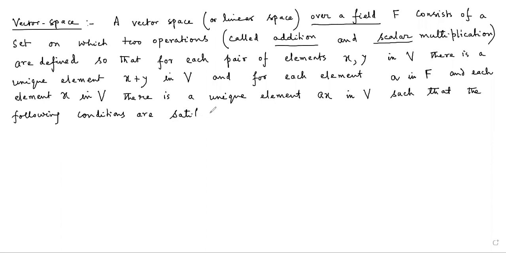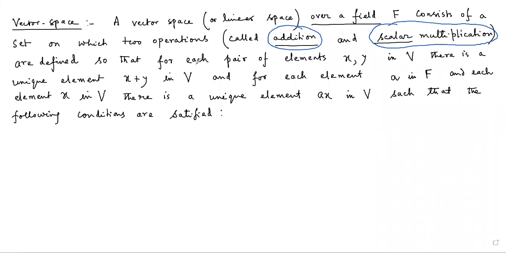I'm going to highlight a few parts of this particular paragraph. Say, for example, you also try to highlight these particular points. I'm highlighting this one, addition. I'm highlighting this point, scalar multiplication.